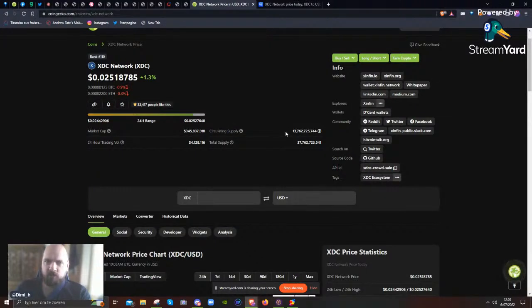Circulating supply, 13,762,000,000 coins. Total supply, 37 billion coins or tokens. I don't know yet if it's going to be a coin or a token, but from what I'm seeing here, Explorers Xinfin, XDC, it implies it's going to be a coin, as it has its own blockchain.